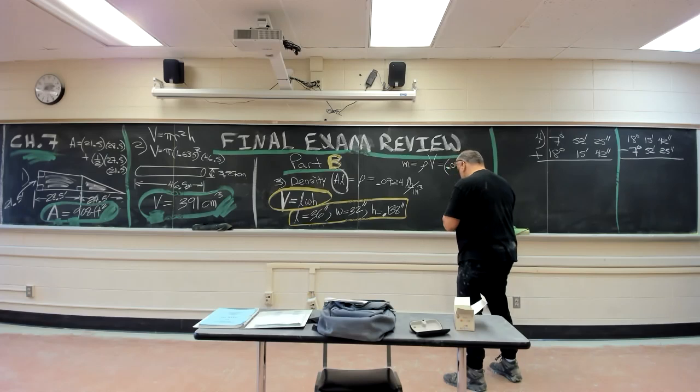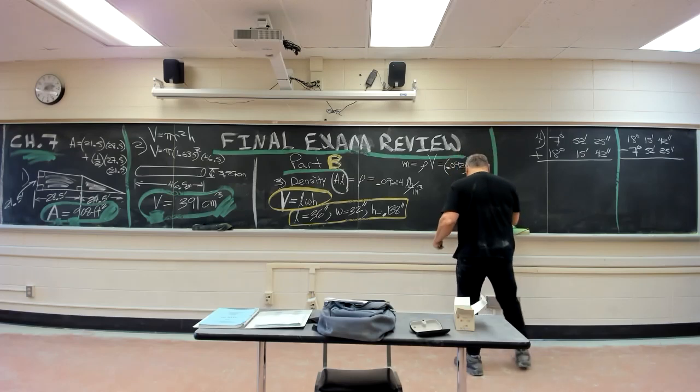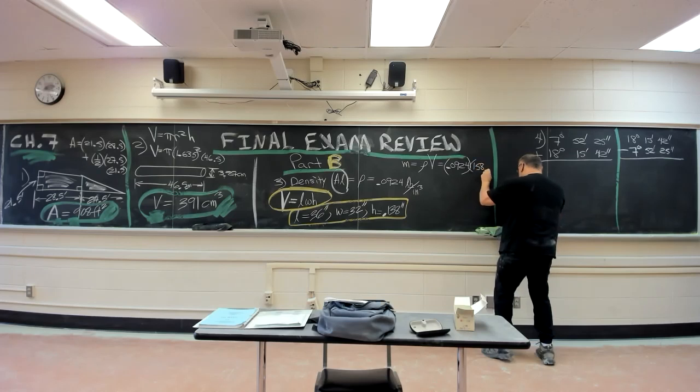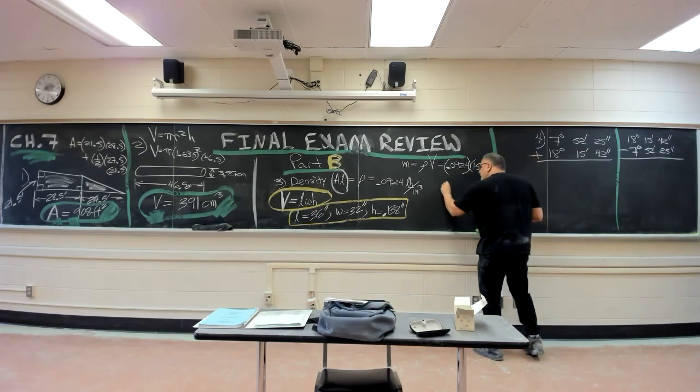So at that point, 36 times 32 times 0.138, fantastic, 158.976. There it is. What's the mass going to be?